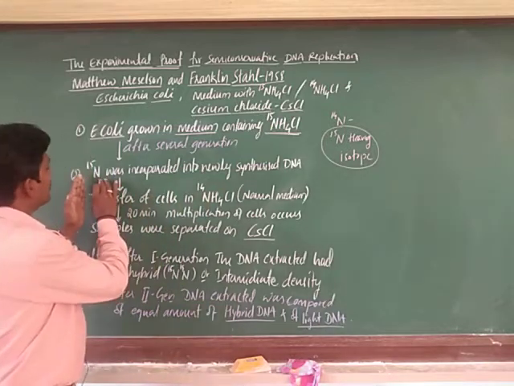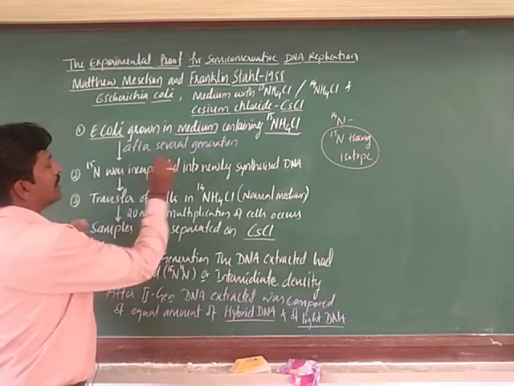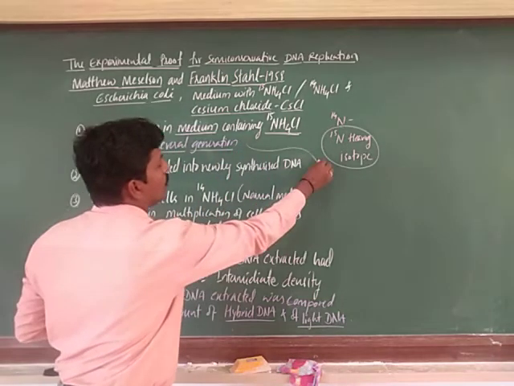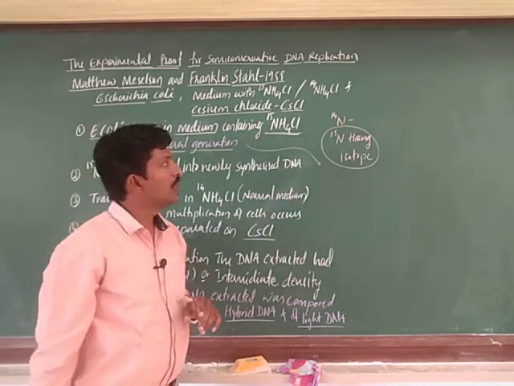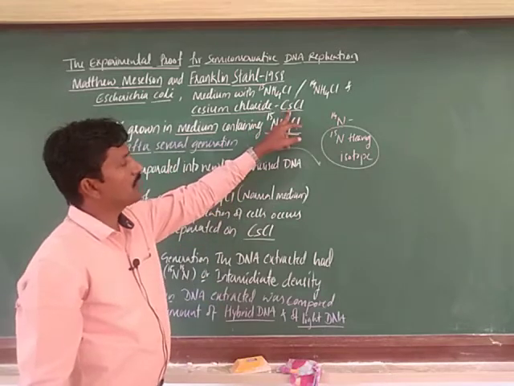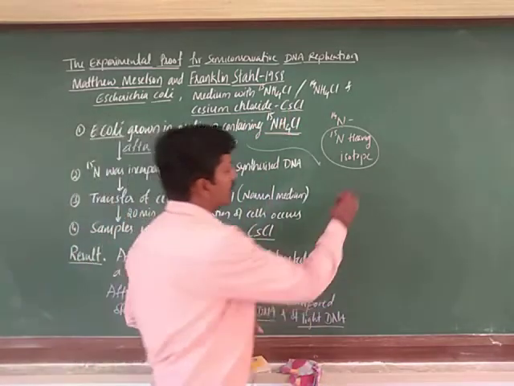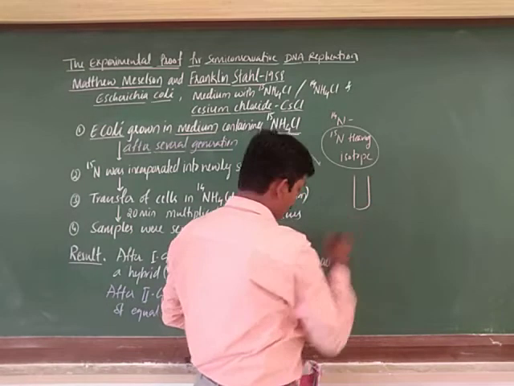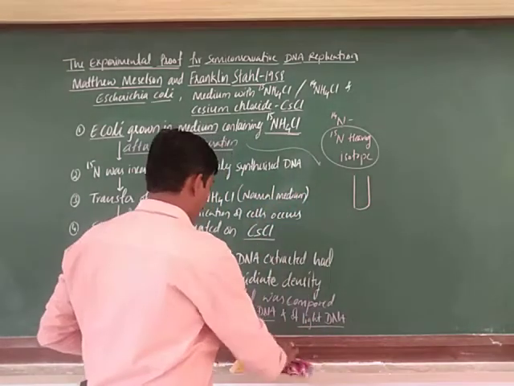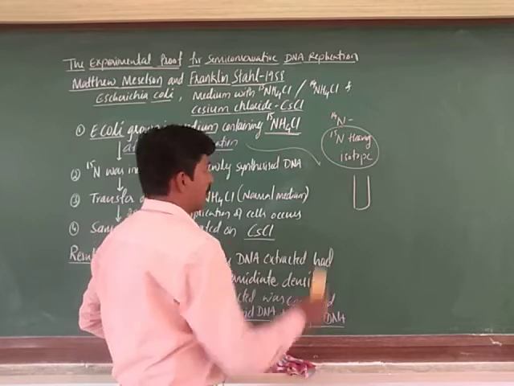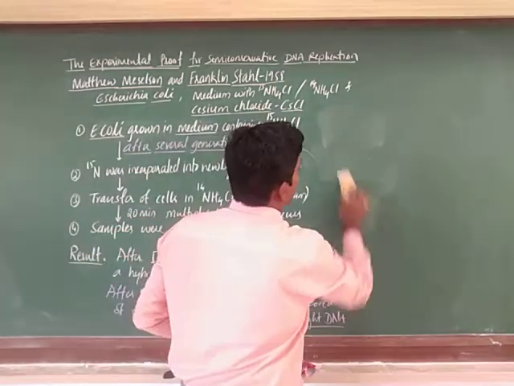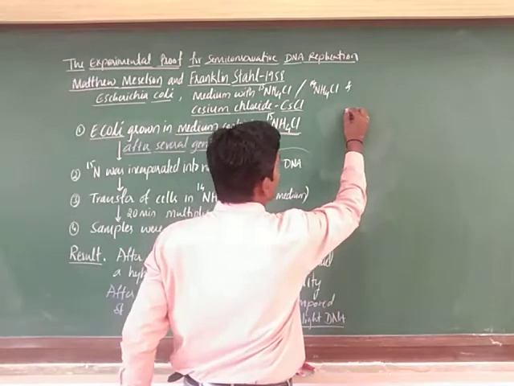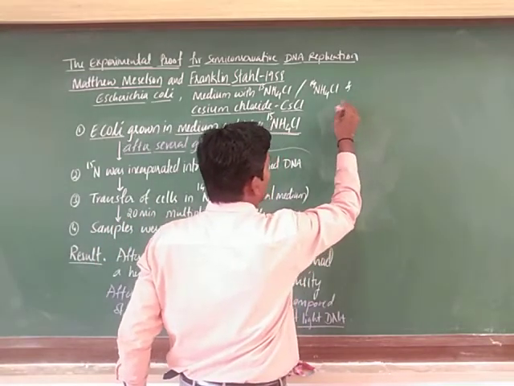After several generations, they do the centrifugation. They used cesium chloride for centrifugation and observed the result.